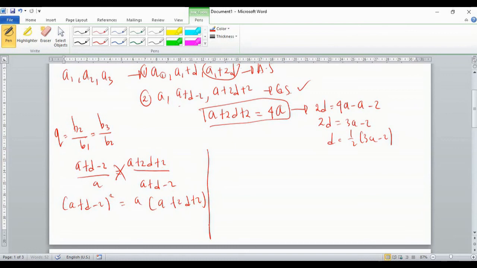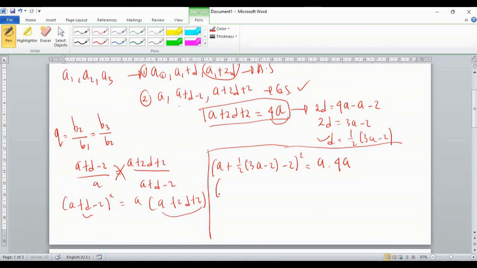We know that A plus 2D plus 2 is equal to 4A. So we can substitute them, and of course substitute D too. So A plus half of 3A minus 2, squared, equals A times 4A.